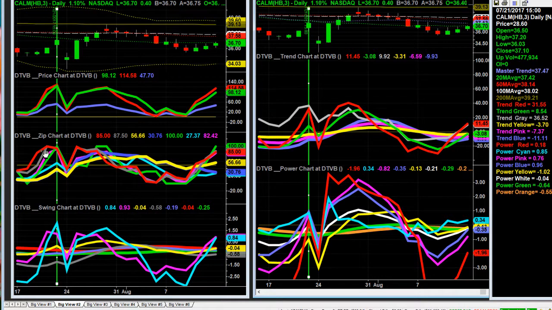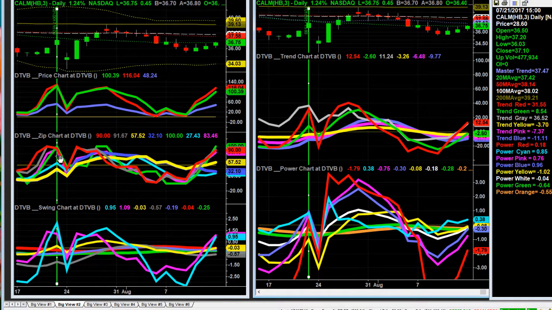The next thing that I want to point out is over here in the zip chart. When you normally have zip green at 100, let's back up. One of the patterns is called a pink green top, and this is zip green at 100, and zip pink is just under 100 and next to green.